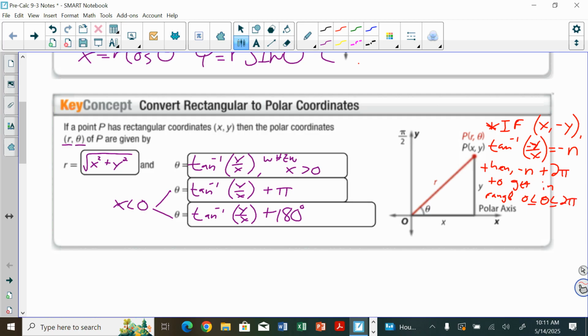Otherwise it's going to be negative and it's not going to be in there. But once you add 2 pi, it will be.